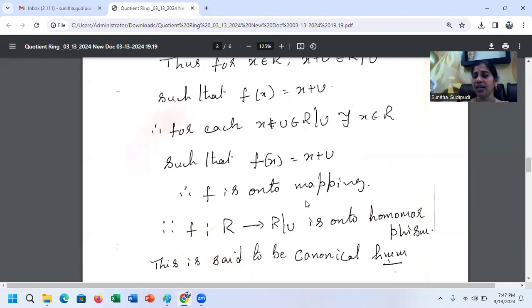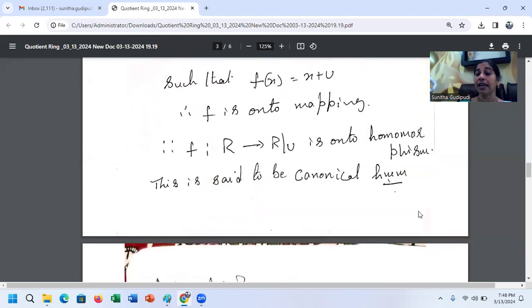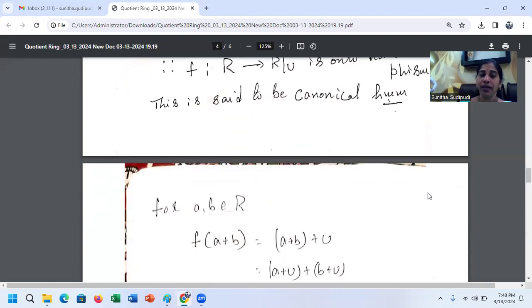Hence, we can say that f is an onto mapping in this particular case. So f from R to R/U is an onto homomorphism, and this homomorphism so defined can be called a canonical homomorphism. Canonical homomorphism, right?